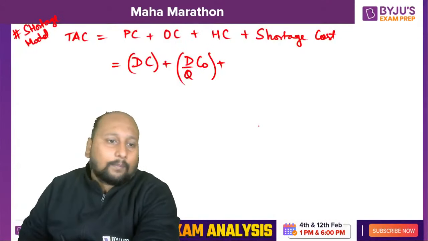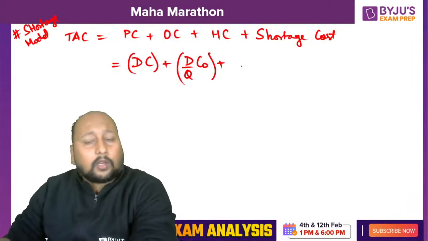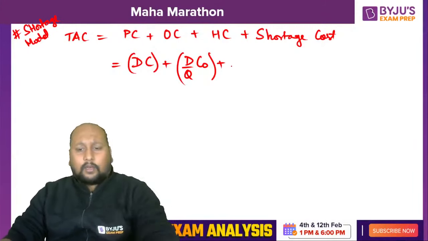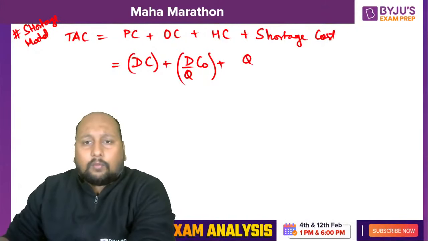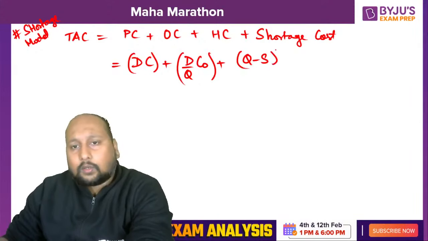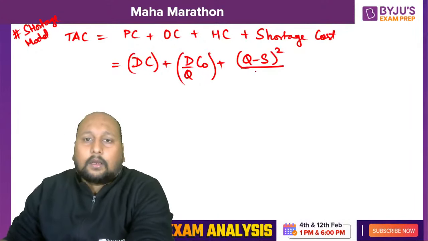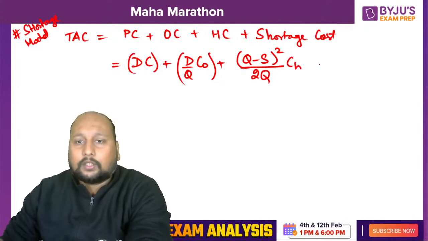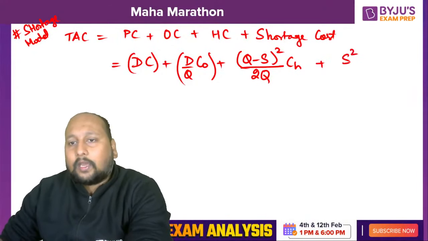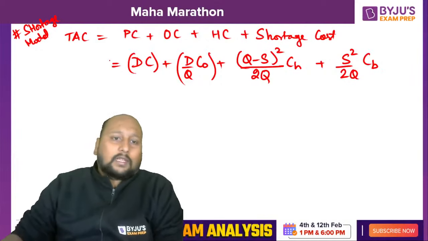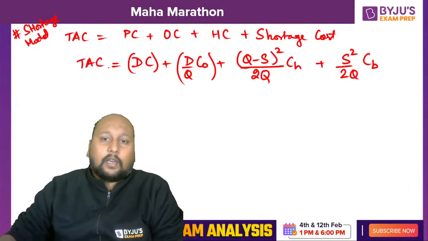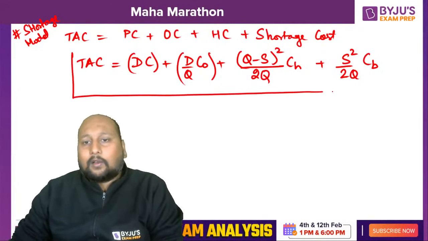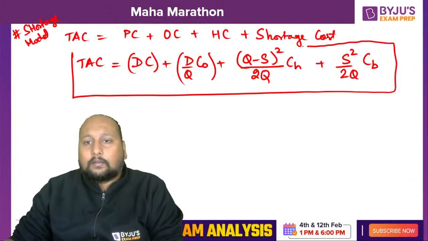I won't be doing any derivation right now because we have already taken up the formulations. So I can say Q minus S whole square by 2Q into CH plus S square by 2Q into CB. So by using this formulation, we can calculate the total annual cost for any lot size.